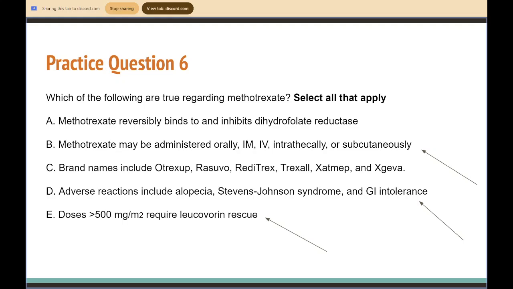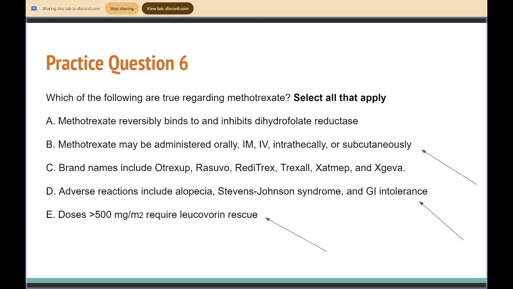Very, very good. Choice E, if you chose it, this is correct. Leucovorin rescue therapy, 24 to 36 hours after the methotrexate dose is required. These doses can be fatal, and so leucovorin is used to bypass the metabolic block induced by methotrexate.